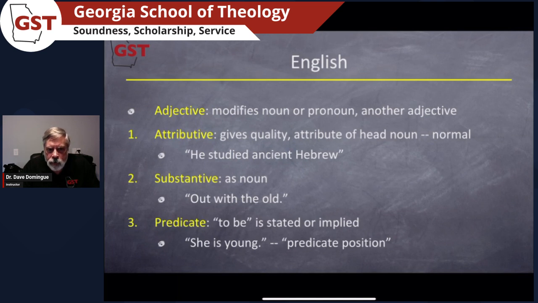Is is the stated being verb, and it's the predicate. And young is an adjective. If you'd say young girl, that would be attributively young, describing how the girl is being young. But she is young gives us a predicate, something about the subject. It's giving us more information about the subject, and so she is young.